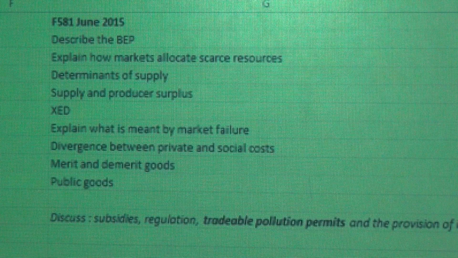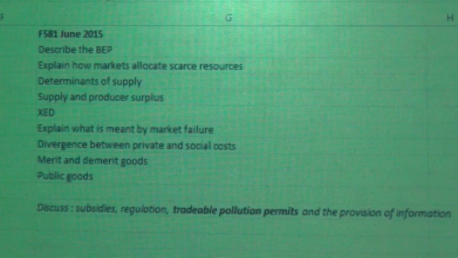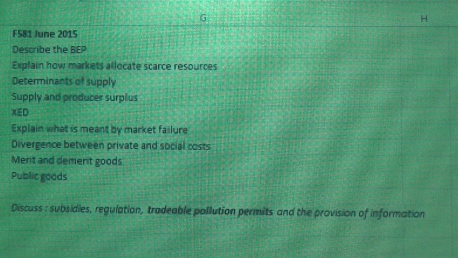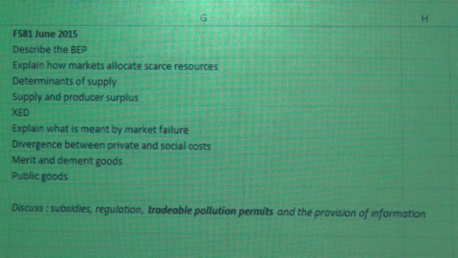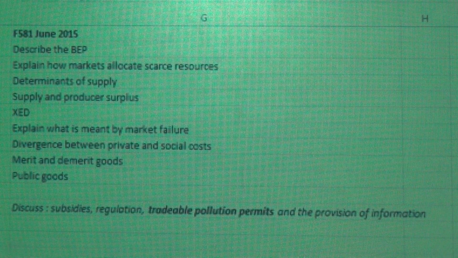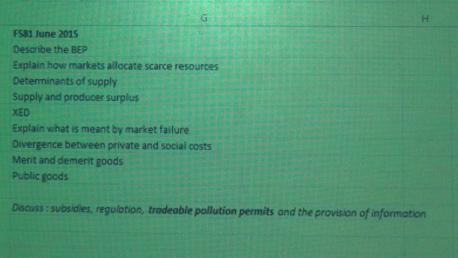When it comes to the big question, the heavyweight, the 18 marker, where we all need to be getting level 4 here, if you look on the specification, the things which you can be asked to discuss are subsidies, regulation, tradable pollution permits, and the provision of information.